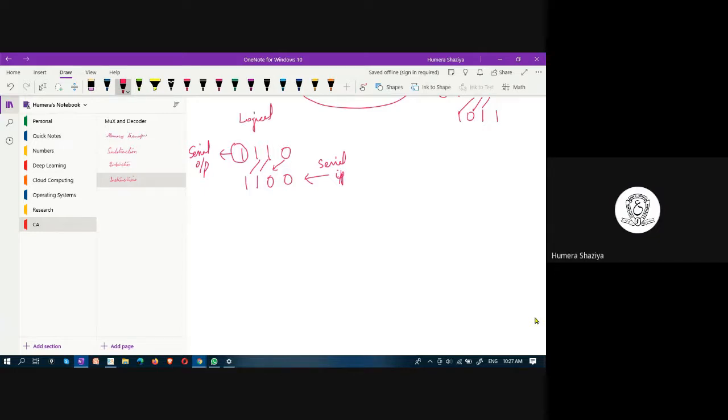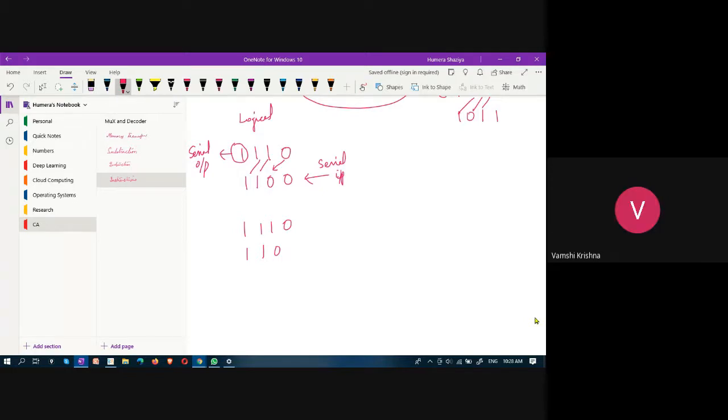For the same number, let us perform circular shift. Then 1110 becomes 0111. How? The first 0 will be coming into the left side now, and then the last bit will again come into the input.